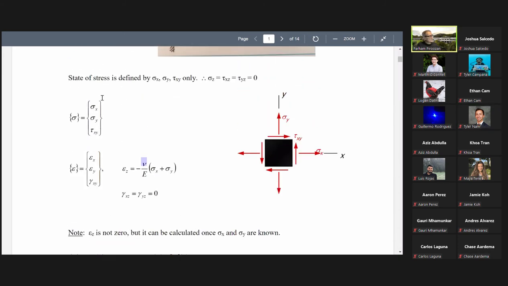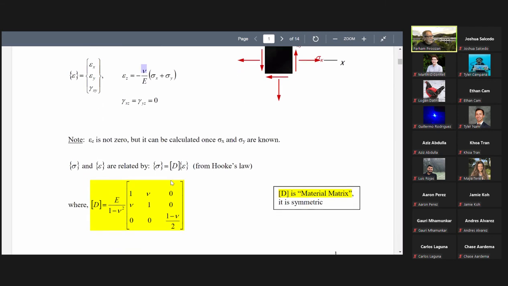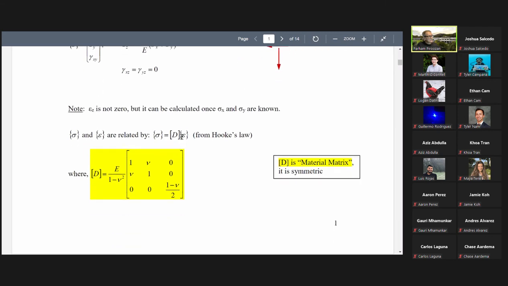Now, so this is our stress. These are our strains, including also this one. Now, stress and strain are related by Hooke's law. So Hooke's law relates them by a matrix D. D is called the material matrix, as you see here. For plane stress problems, it is given by this.